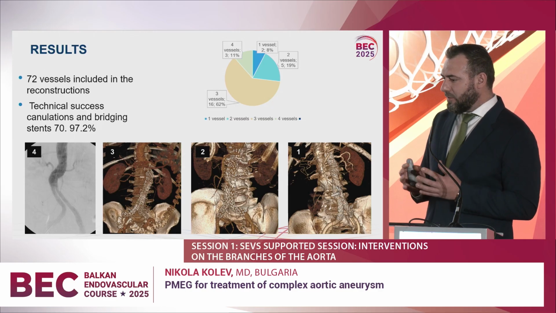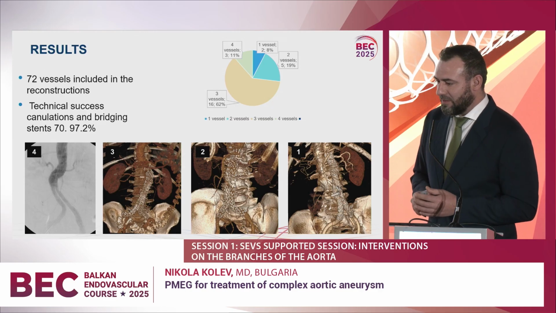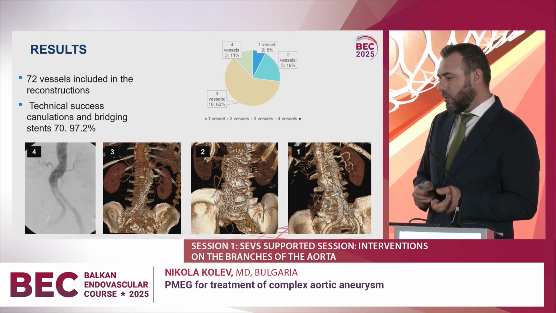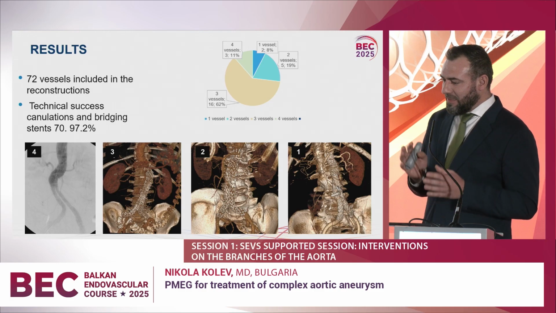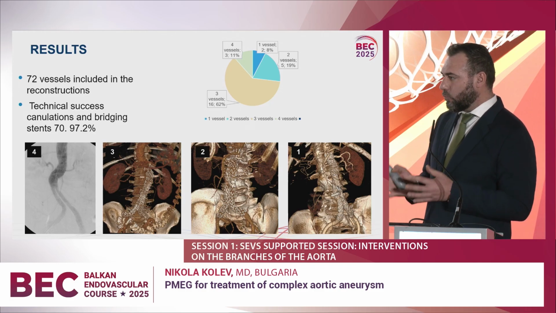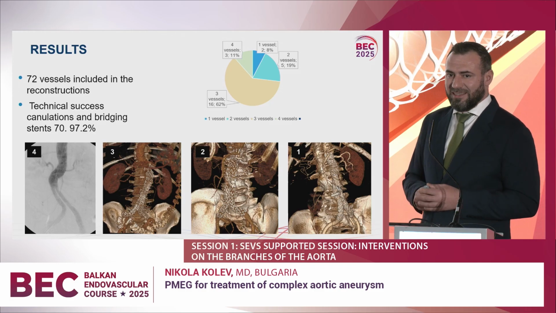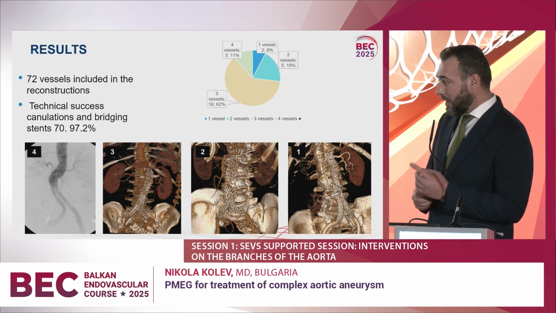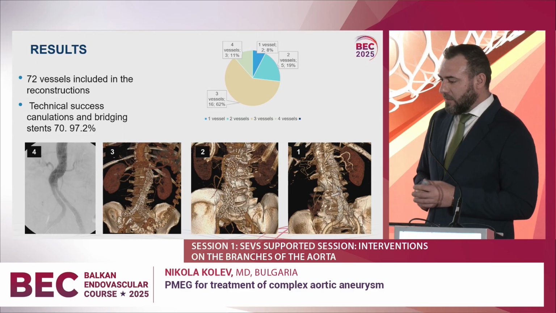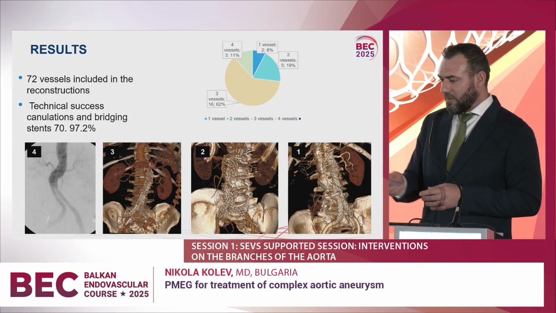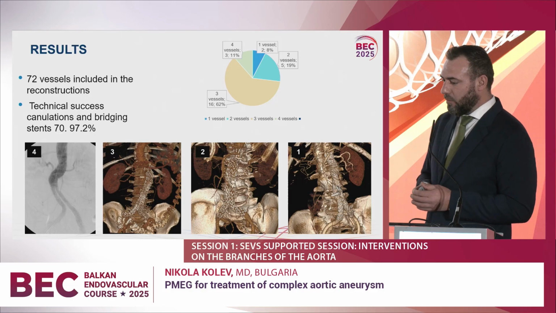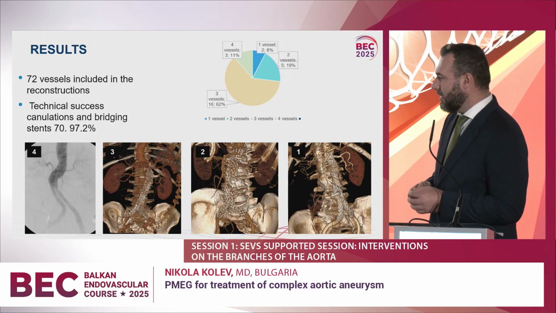There were 72 vessels included in the reconstructions. Our technical success was 70 successful cannulations. We had two patients: one with unsuccessful cannulation of one of the renal arteries because of stent graft rotation, and the other, picture number 4, where we had a collapse of the fenestration for the celiac trunk.